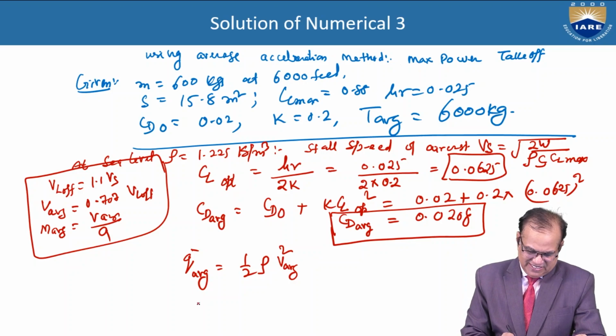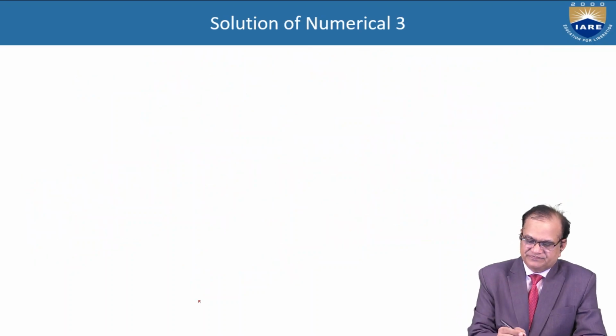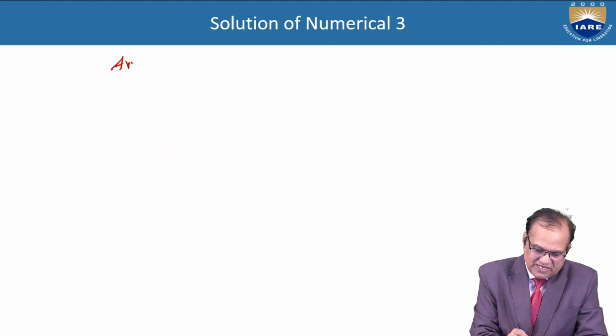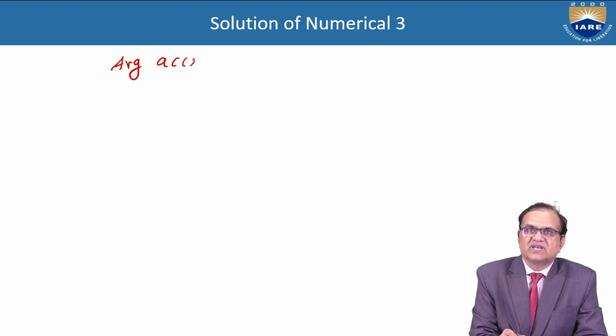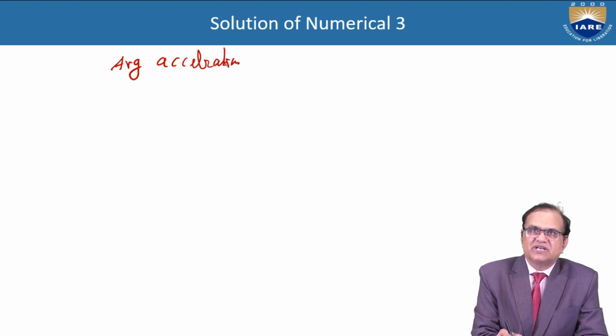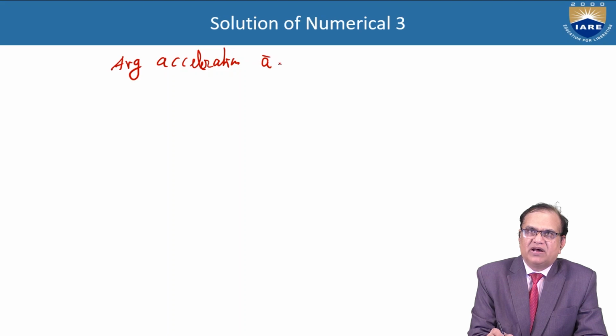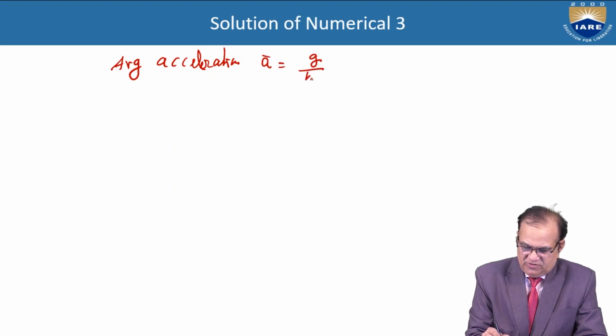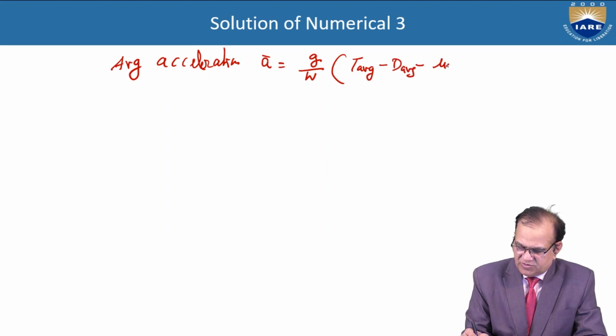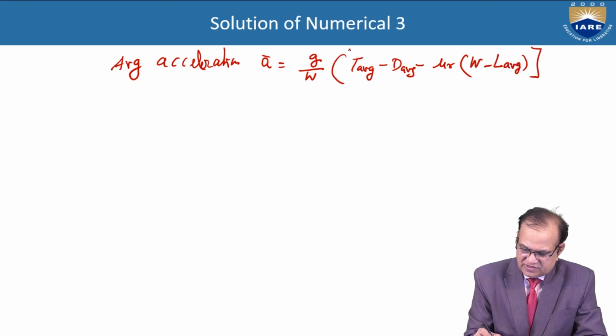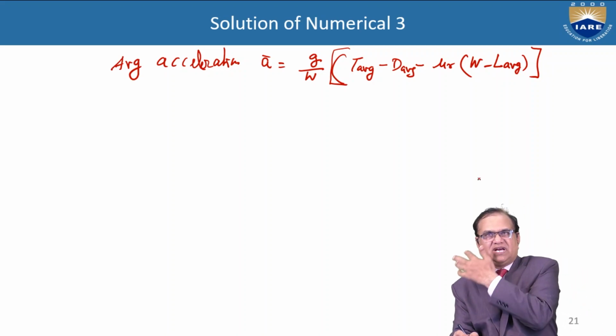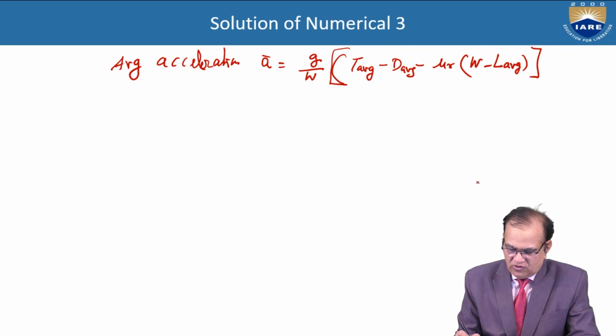But we know that the average acceleration, A bar, is equal to G by W times T average minus D average minus mu r W minus L average. This is the equation for the average acceleration to find out the ground roll.